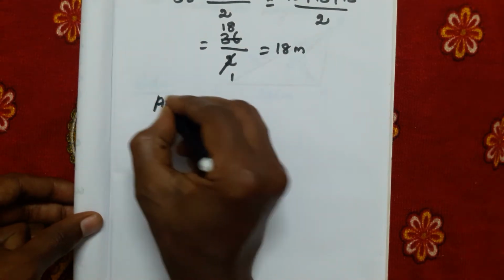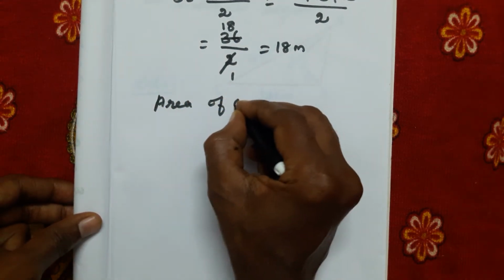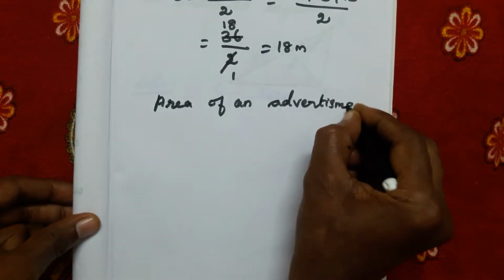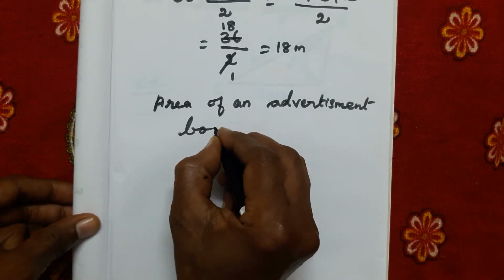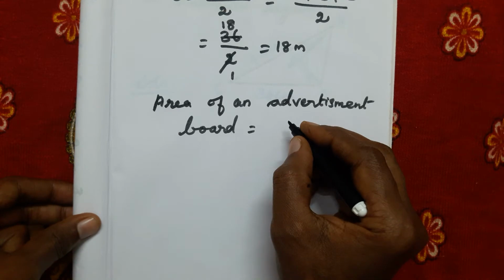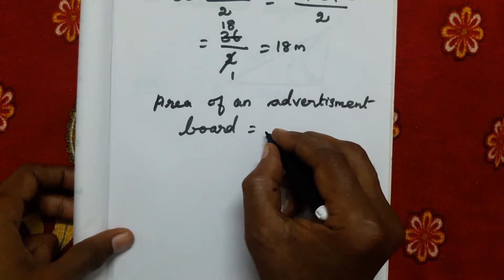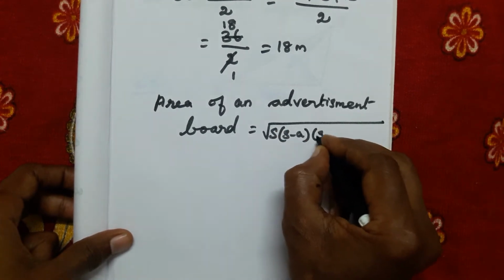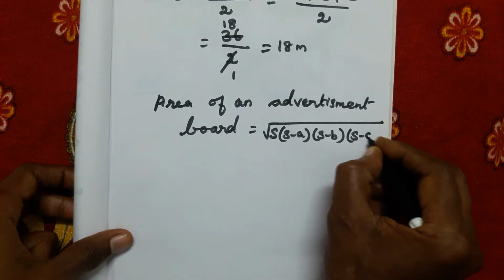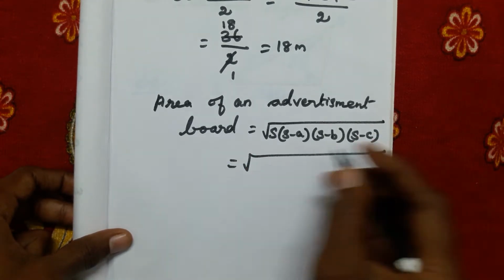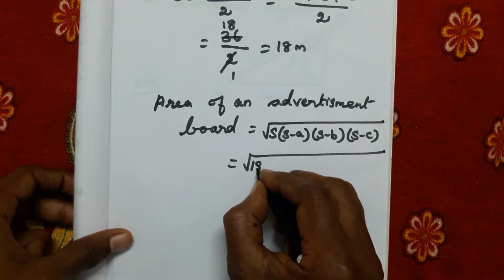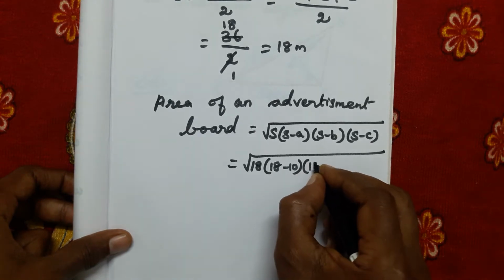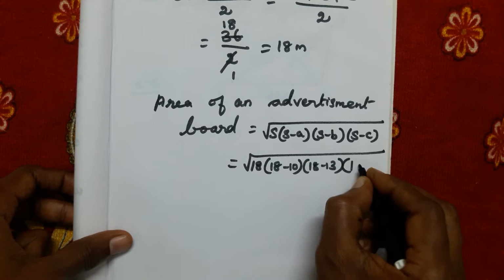Area of an advertisement board is equal to the formula root of S into S minus A into S minus B into S minus C. It's equal to root of 18 into 18 minus 10 into 18 minus 13 into 18 minus 13.